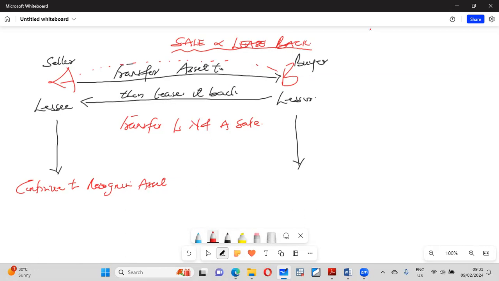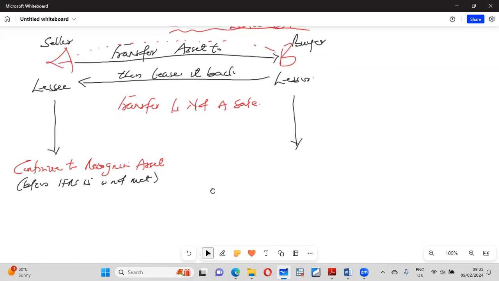You are the one who is supposed to tell the examiner that in this question, two standards apply. So you will continue to recognize the asset because IFRS 15 recognition criteria is not met.